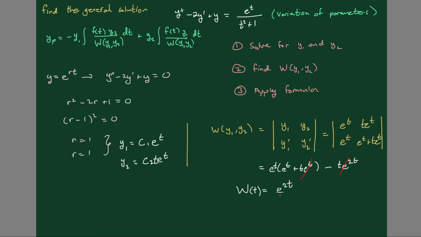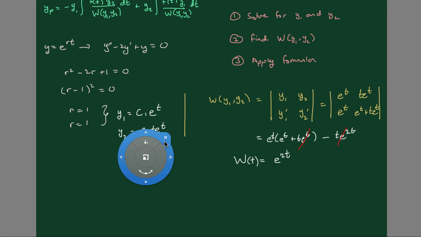So we can place this Wronskian into the formula here to solve for yp, since we have y1 and y2 and the Wronskian of t. So here we can say that the particular solution is equal to minus y1. y1 is just e to the power t.